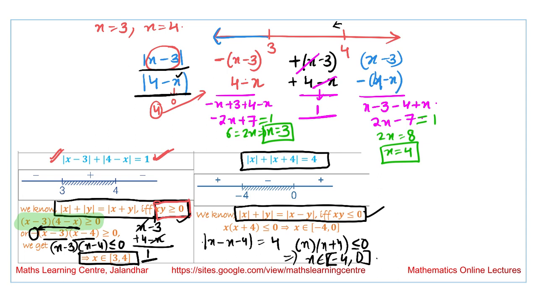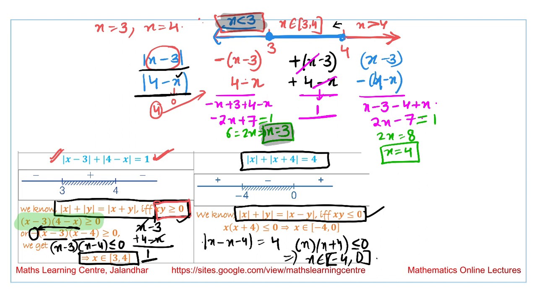So we are considering the regions: x is less than 3, x belonging to the interval 3 to 4, where 3 and 4 are included, and x greater than 4. If we solve the equation in the region x is less than 3, the answer we get is x is equal to 3.